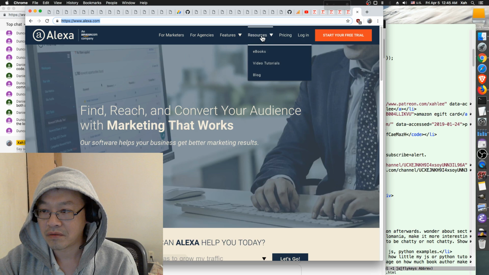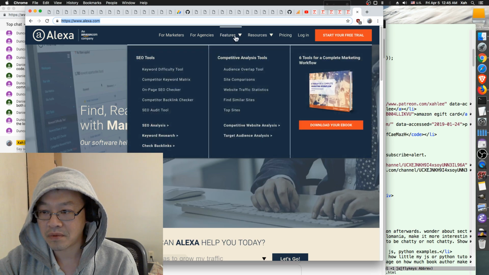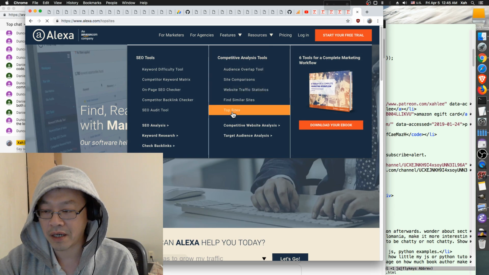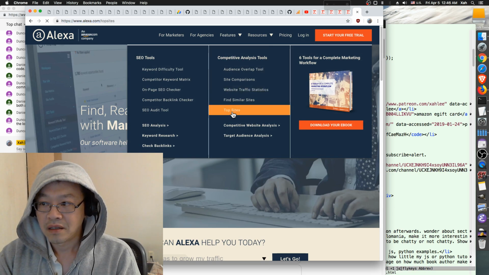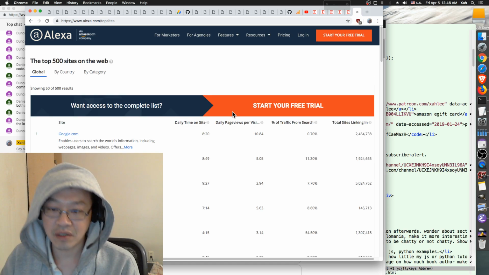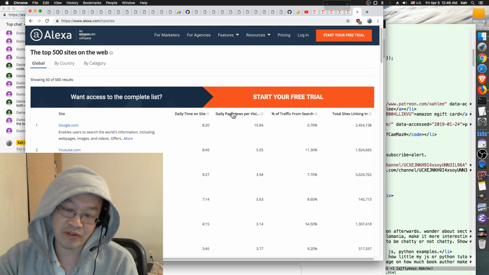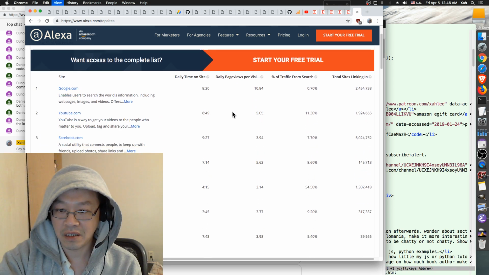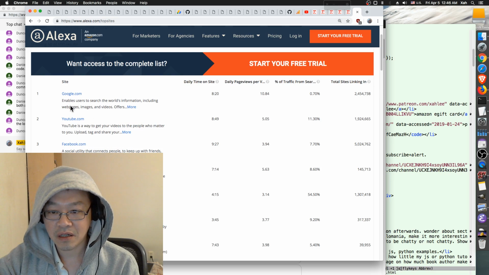Let me show you resources, ebooks, blogs. Okay, feature, top sites. Okay, this is a ranking of all the world's websites. It has been like this for at least 10 years. So for example, you can see here, google.com is the #1 website.